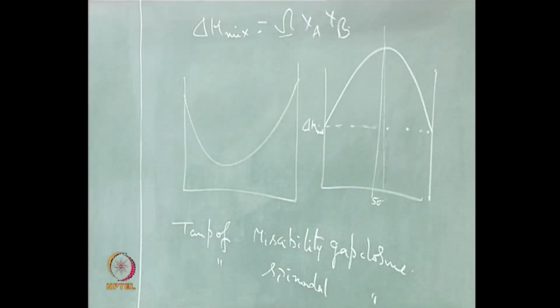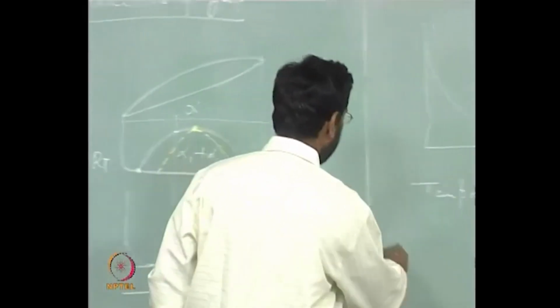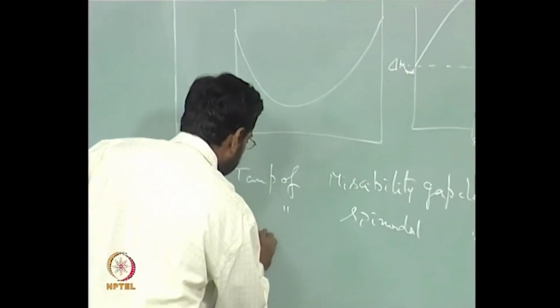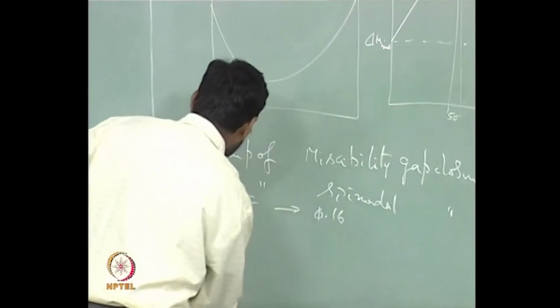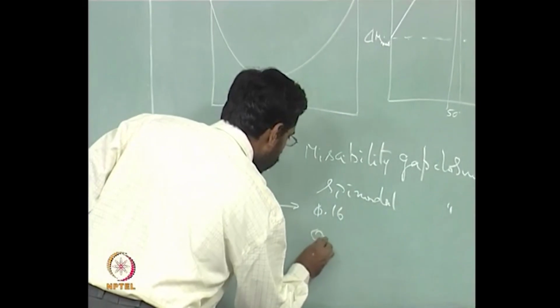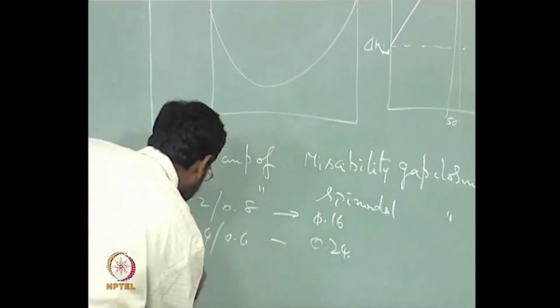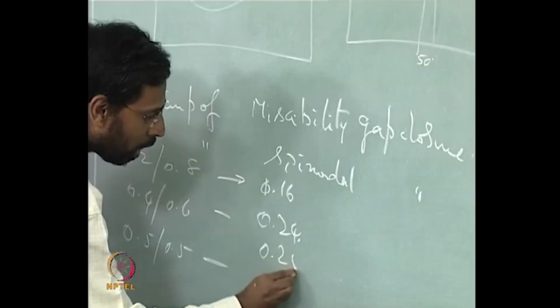Then xa into xb is how much? 0.16. So, if I take 0.2, 0.8, then xa xb is 0.16. If I take 0.4, 0.6, xa xb is 0.24. Only when I take 0.5, 0.5, you would say it is 0.25.